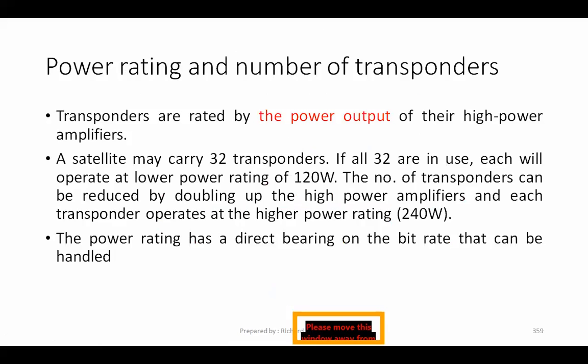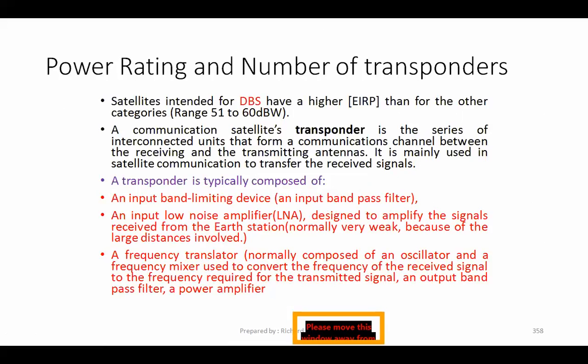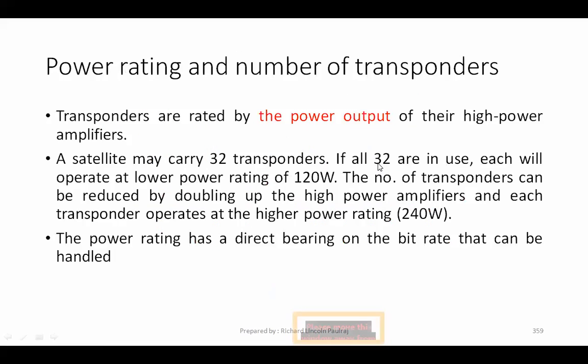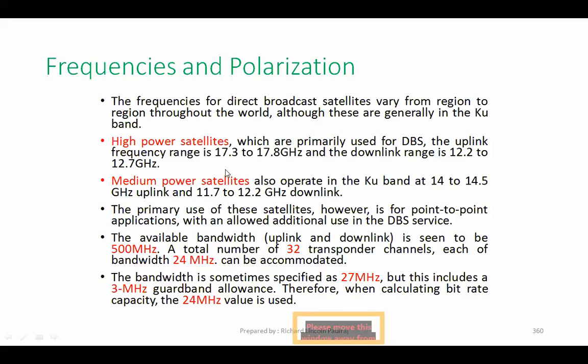Okay, so power rating, as I told you, is basically dependent on what kind of information you want to transfer. Okay, is it something where you do not worry about the utilization of power? Okay, so in that case you can use your high power satellites.